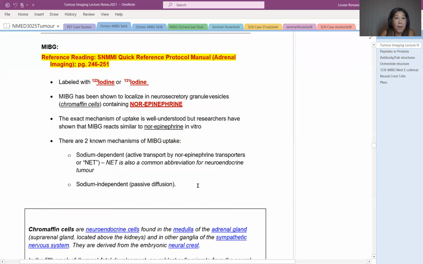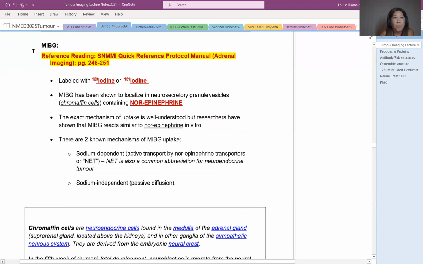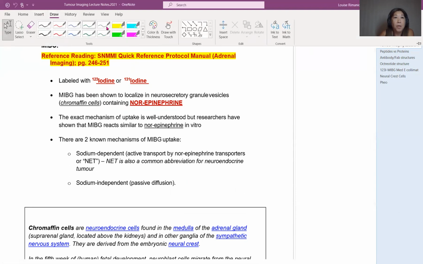So before we get into the actual theory, just a reminder that you can look at the SNMMI Quick Reference Protocol Manual, a section on adrenal imaging. So MIBG, as you know, is labeled with either I-123 or I-131 MIBG.